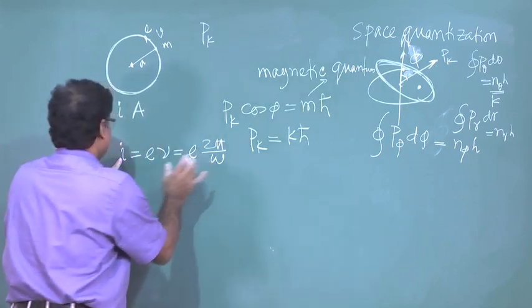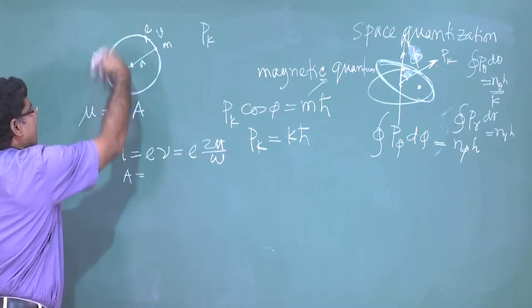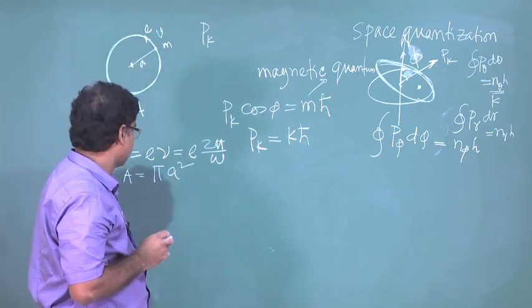So, that is the I, and what will be the area? Area of the circular orbit is pi a square.